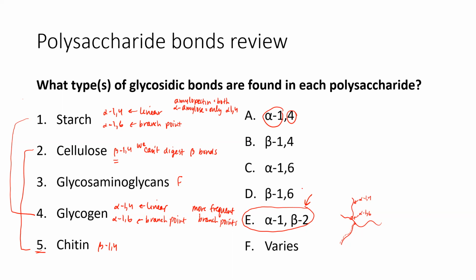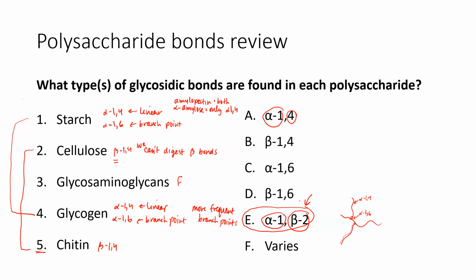And you can tell that because of the way it's named. So your first carbon participating in the bond is anomeric and it's in the alpha position. It's on carbon number 1. That would be bonded to another anomeric carbon. That anomeric carbon, the hydroxyl group is in the beta configuration and it's on carbon number 2 of that sugar.